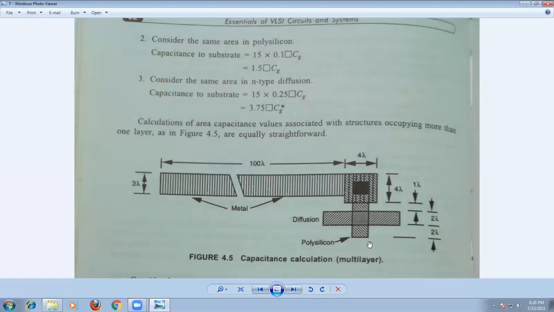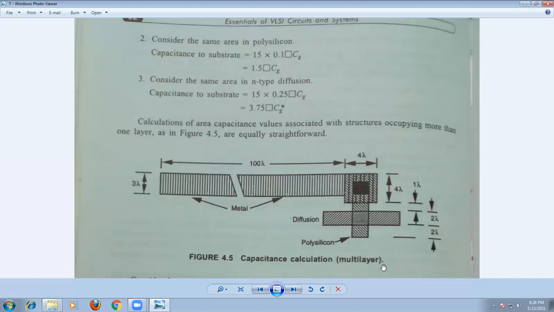So that means it is a multi-layer. How to calculate the capacitance associated with this structure? Just observe here, this is the metal layer, this is the polysilicon layer, and this is the diffusion.